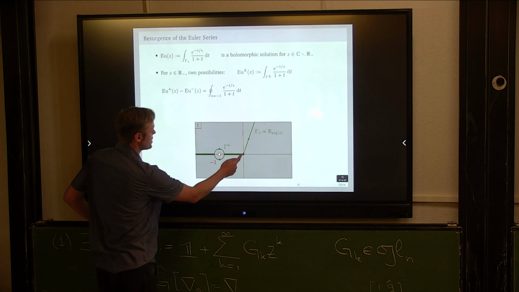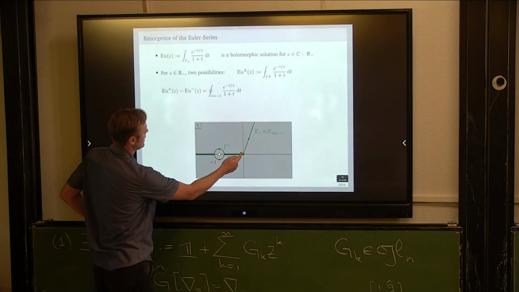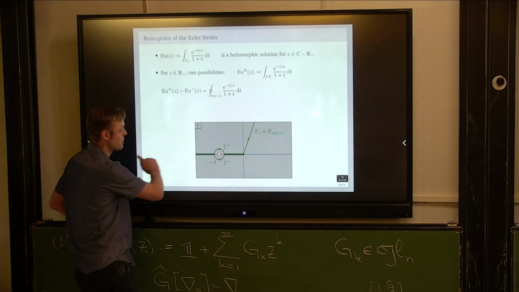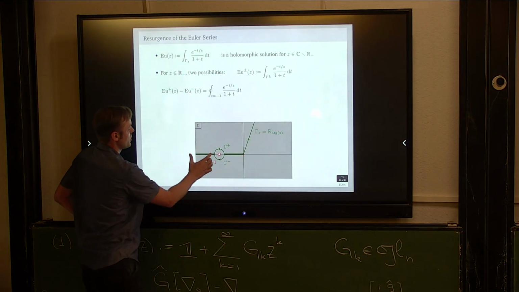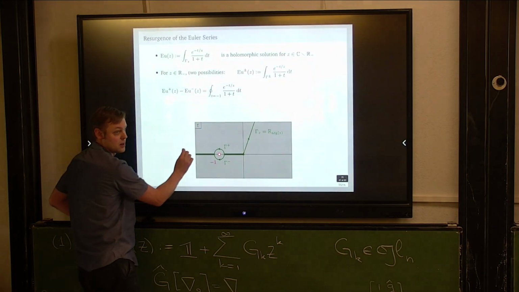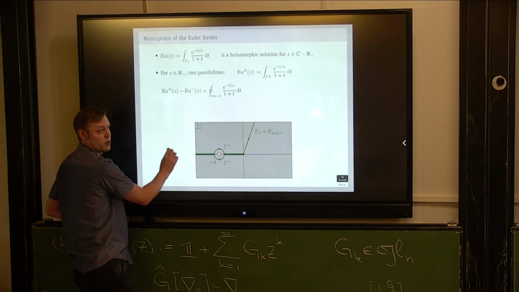So let's see. We're integrating the same holomorphic function along the gamma plus contour, going off to infinity, and then coming back and going along the negative gamma minus, right? So the values of our integrand along all these points in Euler plus and the values of the integrand along all these points, they're all the same.